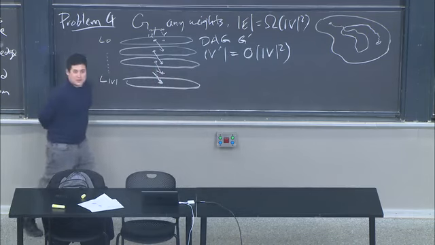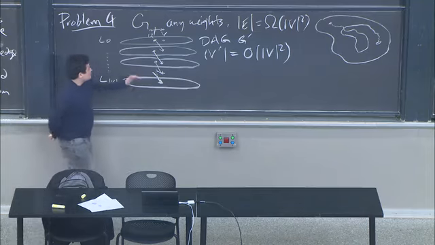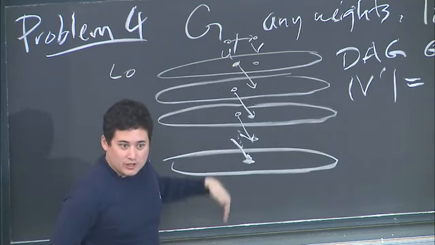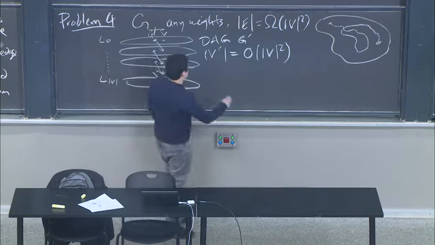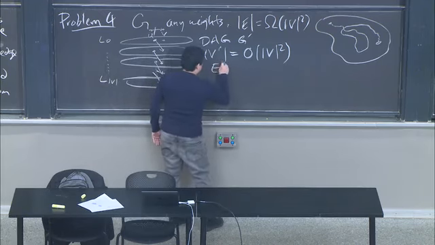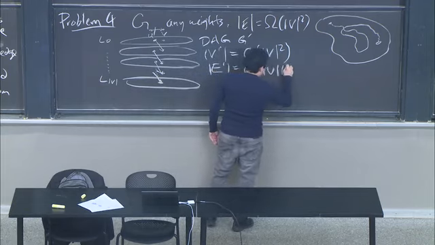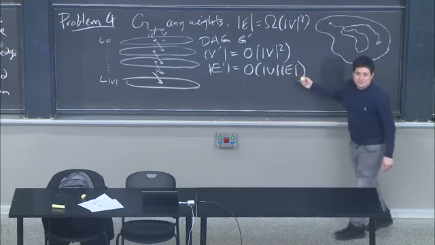And how many edges are in my graph? V times E, right? I copied every edge, made it directed down between each level. There are V transitions between levels, and I copy each edge for each of those. So the number of edges is order V times E. Okay, so this graph is blown up.